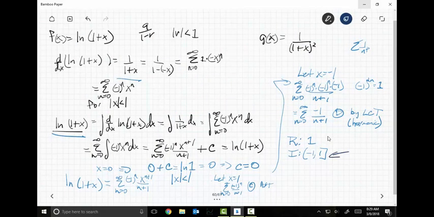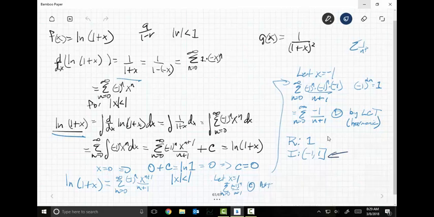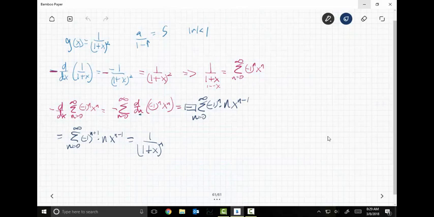We picked up the 1 because of the behavior, because we were dividing through by an n. In this case, we're not dividing through, we're just simply taking a derivative. So I know that the radius of convergence for this is just going to be 1, and the interval is just going to be from negative 1 to 1. And that's how it works, which is pretty awesome.